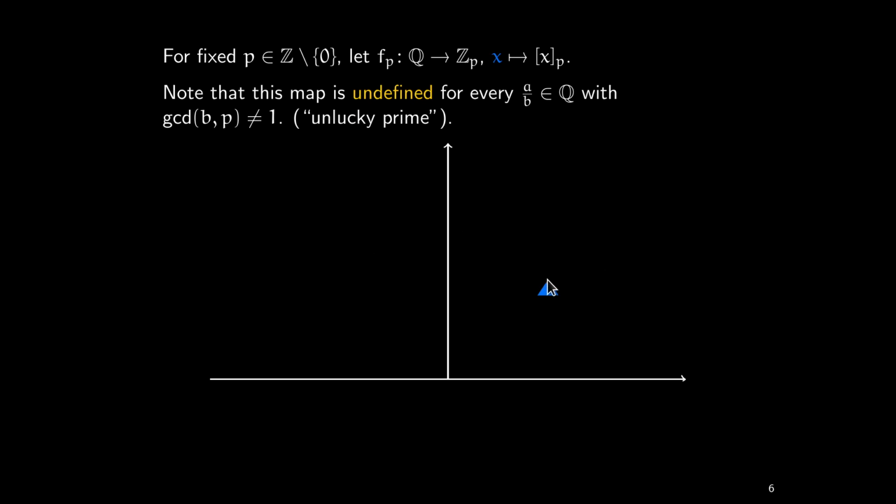So this is then a picture that shows me all the rational numbers. And now if this is the number that I want to reconstruct from its homomorphic image, then let's see what the equivalence class looks like. The equivalence class now not only contains integers, but it contains all rational numbers that are equivalent to x mod p, and they are arranged in such a grid.